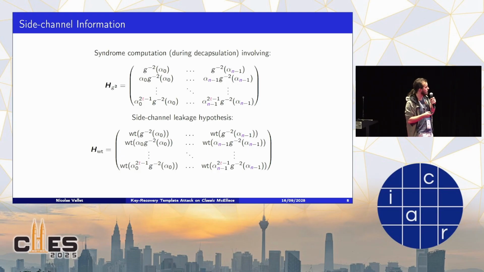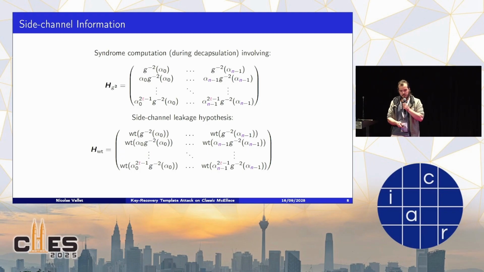We started with the assumption that there was a power consumption side channel leakage on the Hamming weight value of the coefficients of the HG2 matrix during the syndrome computation.